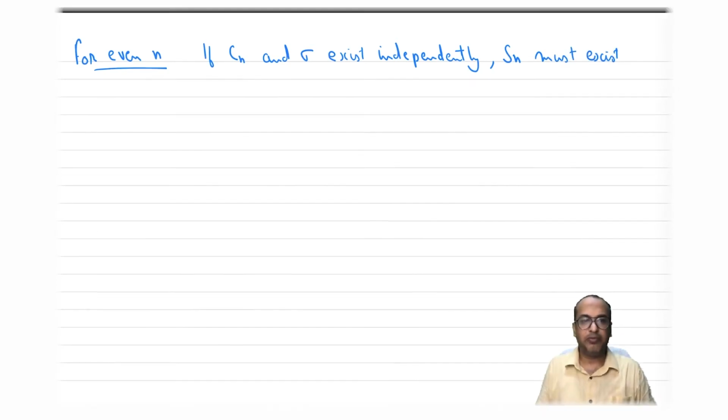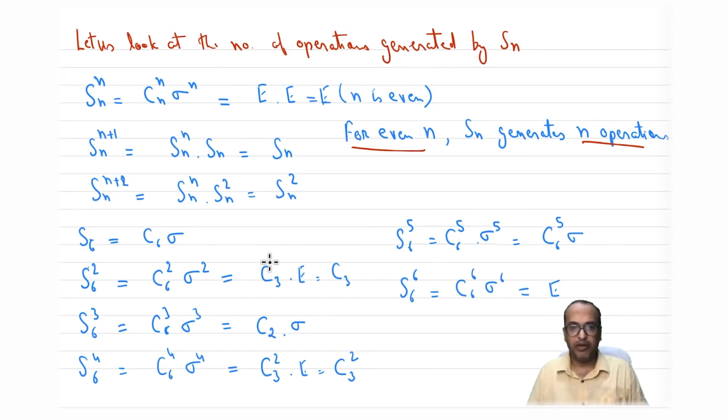This we have seen from this one over here. So if you have C6 and sigma present independently, the S6 will be present because it's a product of the two.